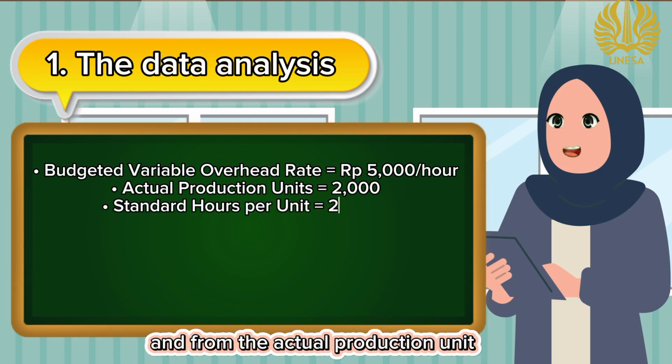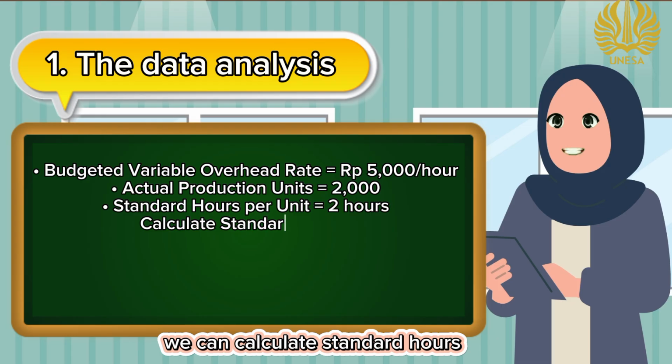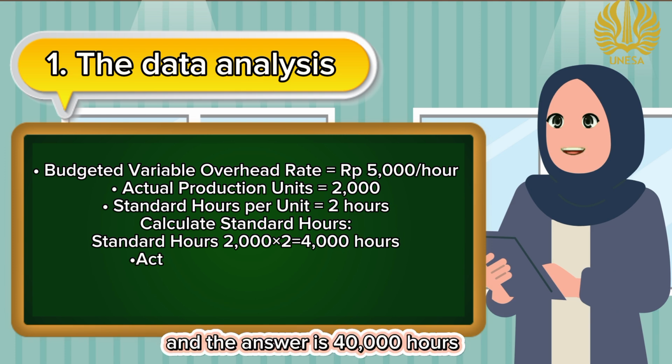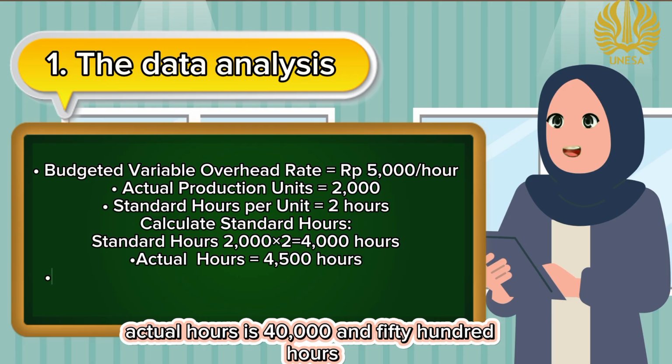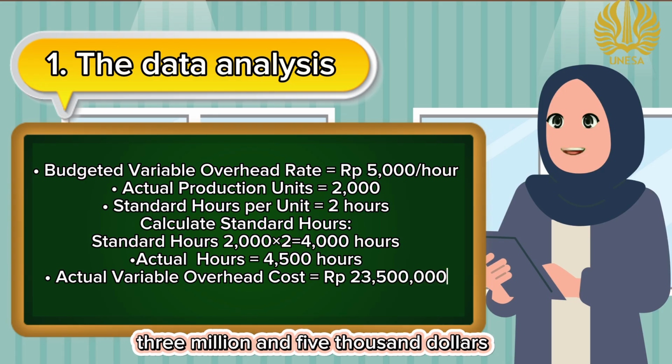From the actual production units and standard hour per unit, we can calculate standard hours. Standard hours is 2,000 multiplied by 2, and the answer is 4,000 hours. Actual hours is 4,500 hours and actual variable overhead cost is 23,050,000.